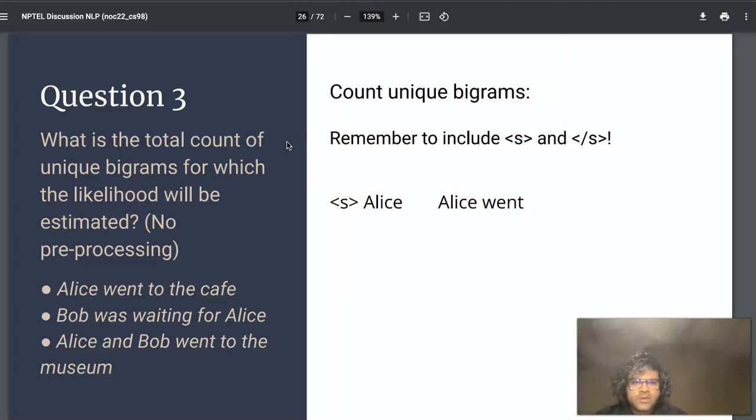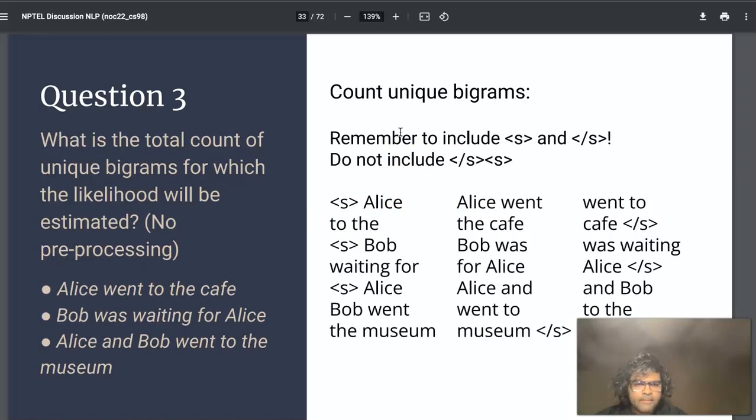For this trigram question, you go over the sentences and list all the trigrams, and among them some will be repeating.